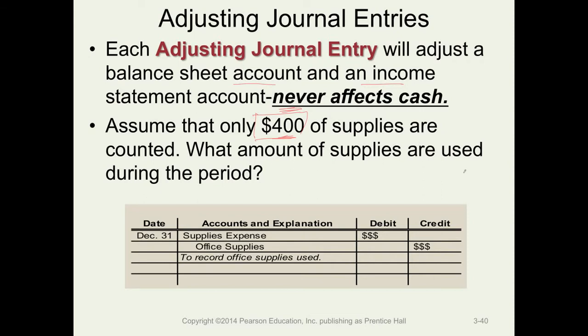And of course, on the trial balance, the supplies had a balance, let's call this a beginning balance before adjustment, of $500. You go out into the stock room and you count up that only $400 remain.